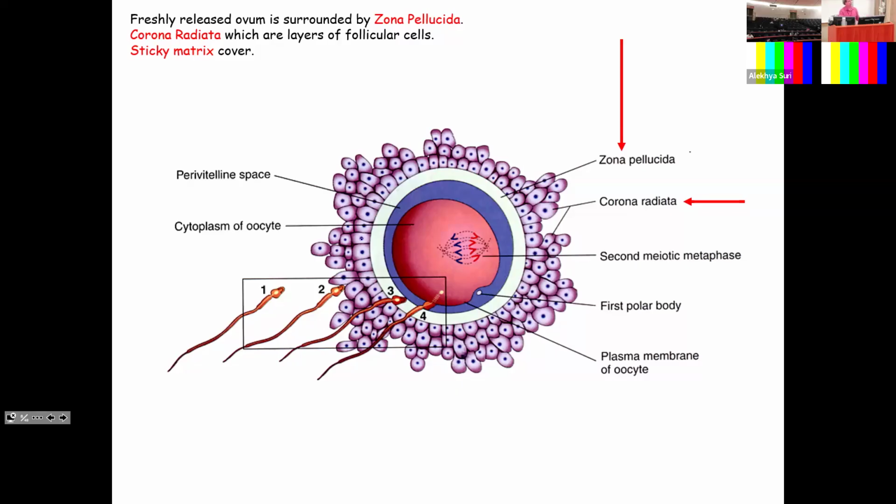It is made by glycoproteins that play lots of different functions. One of those, for this moment, is that it prevents the oocyte from sticking in a place where it shouldn't stick.